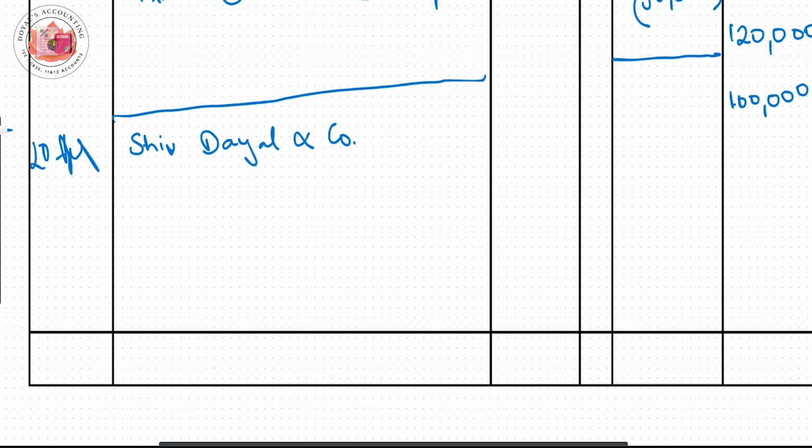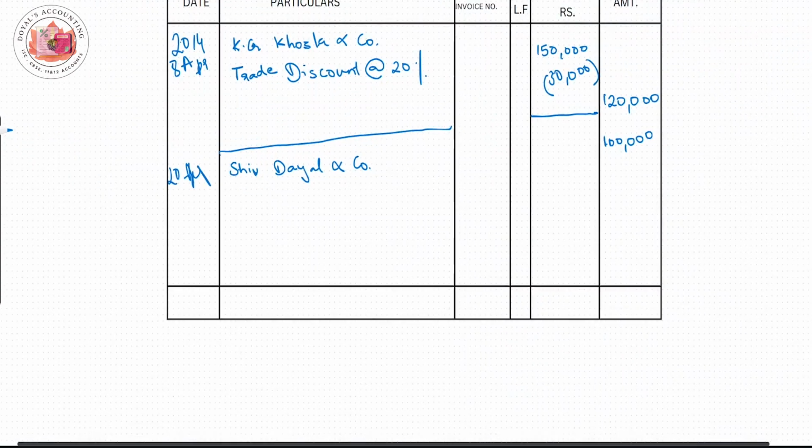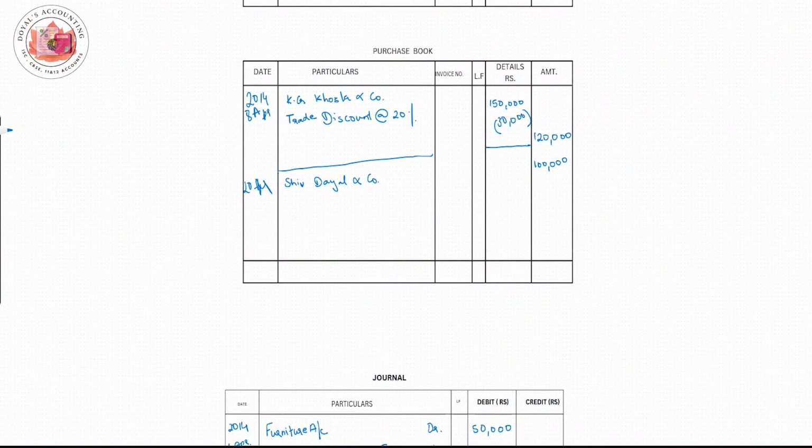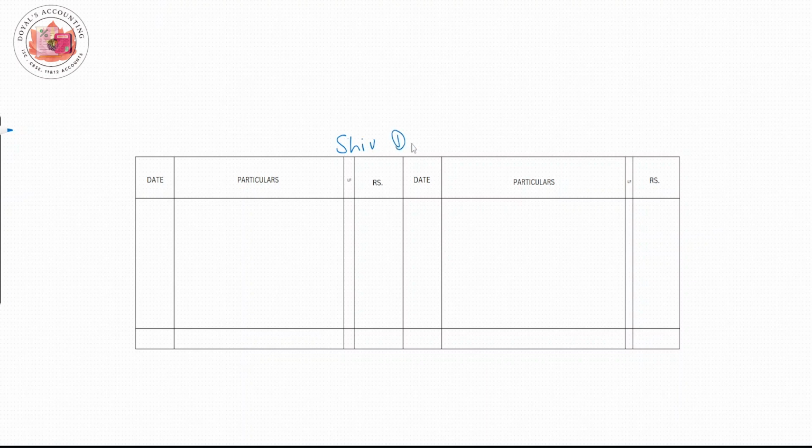So correspondingly, I will open a ledger account in the name of Shiv Dayal. Shiv Dayal account, debit, credit, 2014, 20 April, by purchases account 1 lakh.